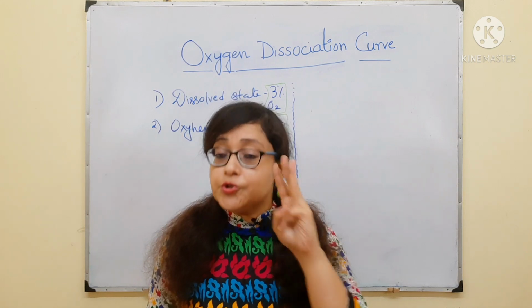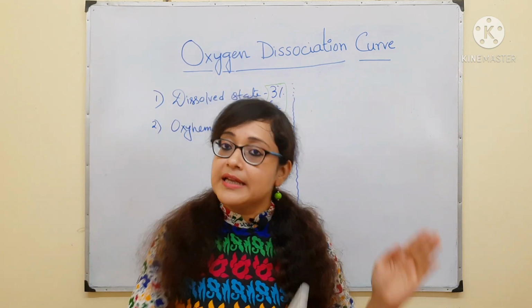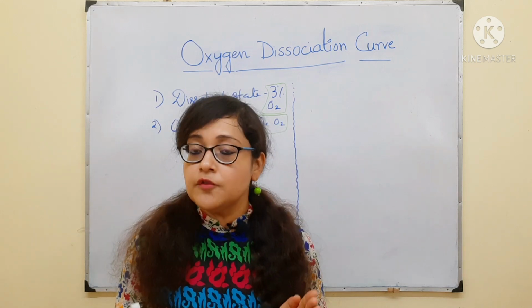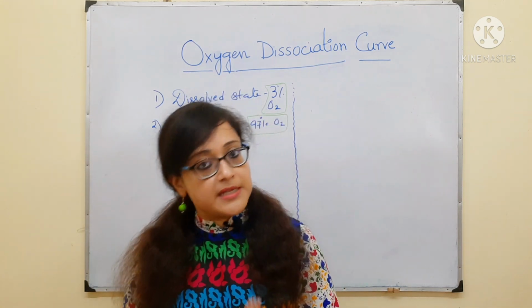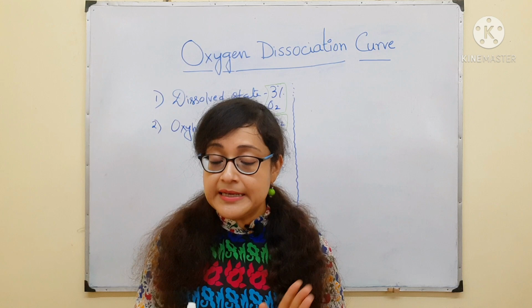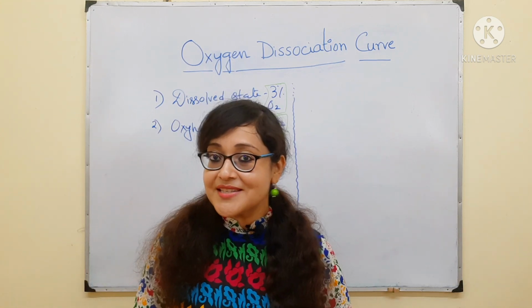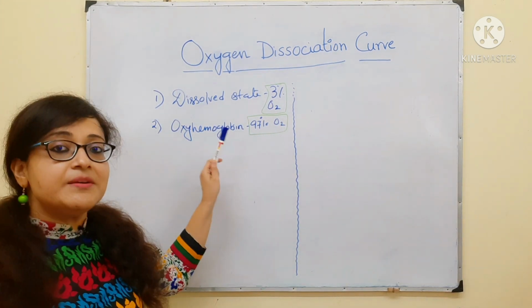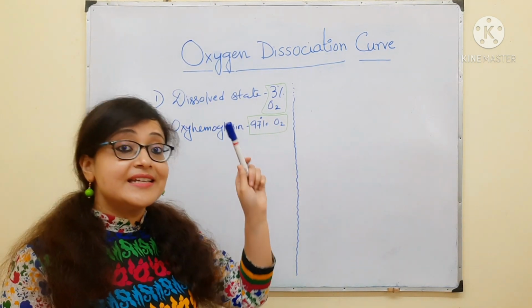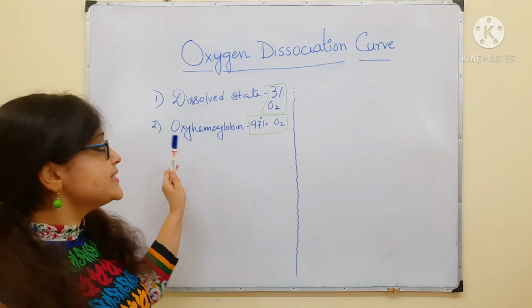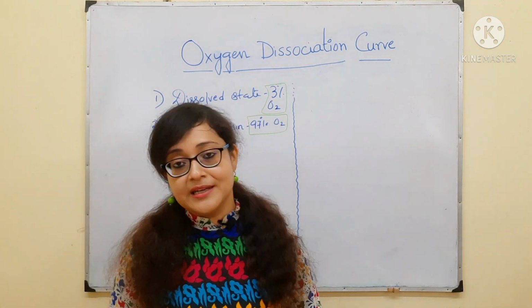Fine, this much is clear. And what happens to the remaining 97% of oxygen? That 97% of oxygen gets transported as oxyhemoglobin.